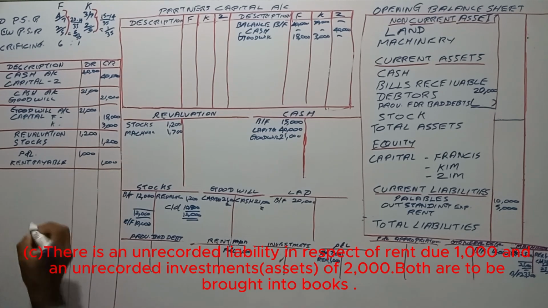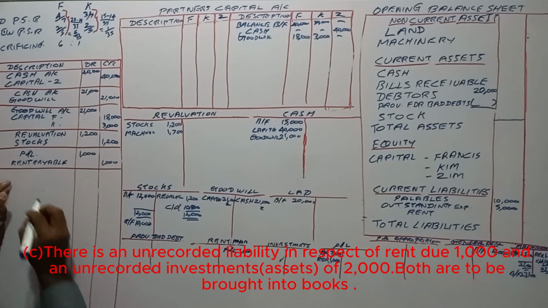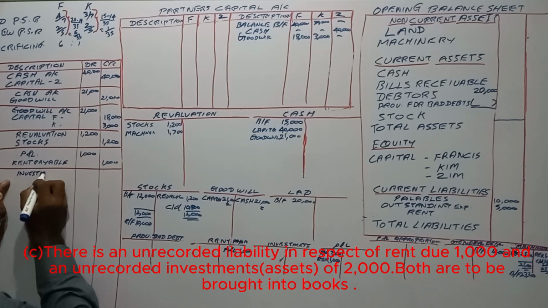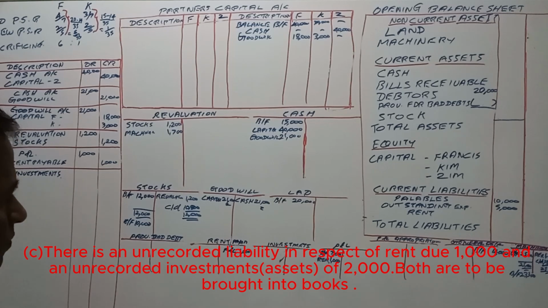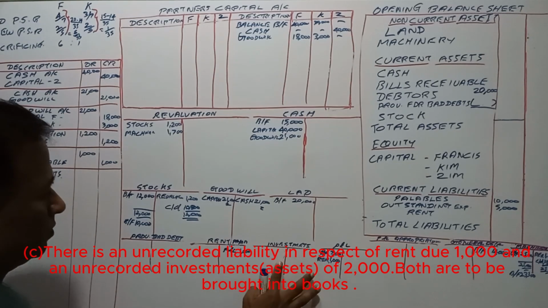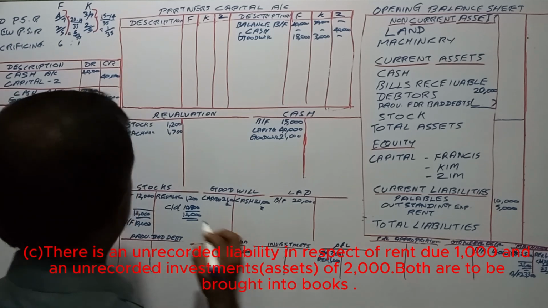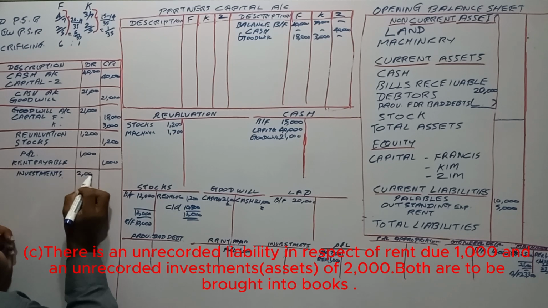Right. Sixth is investment account debit 2000, right?